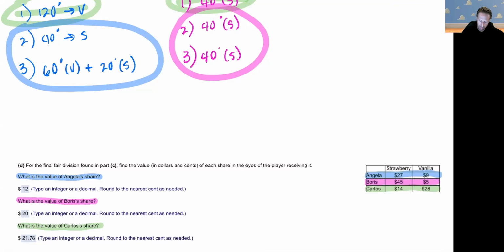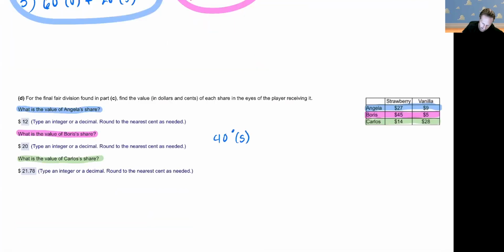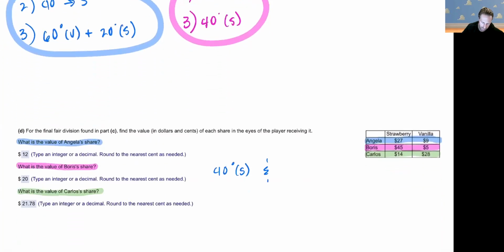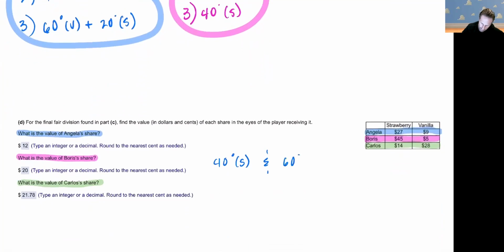And we're going to have to figure out how this all played out now that they have their 2 slices apiece. Okay, so I'm going to start with Angela's, which is there in blue. She has a 40-degree strawberry, and she also has a 60-degree vanilla plus 20-degree strawberry slice.